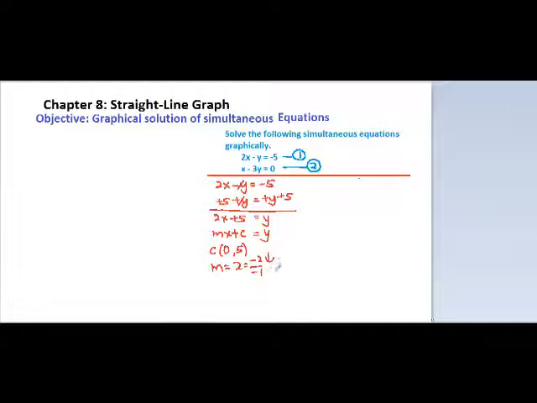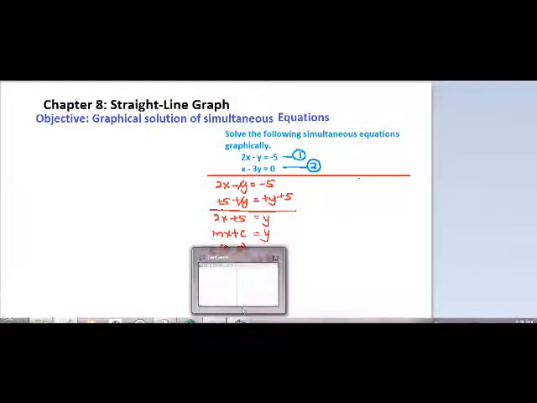So we go down 2 units and go left 1 unit. Down 2, left 1 from 0, 5. So the y-intercept is 0, 5. The second point, down 2, left 1. Join the points, so we get the first line.